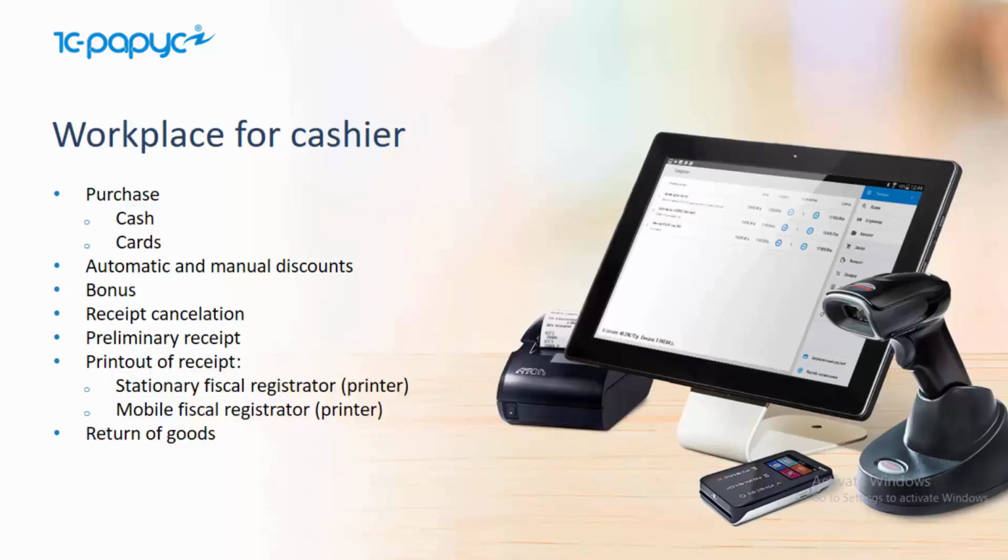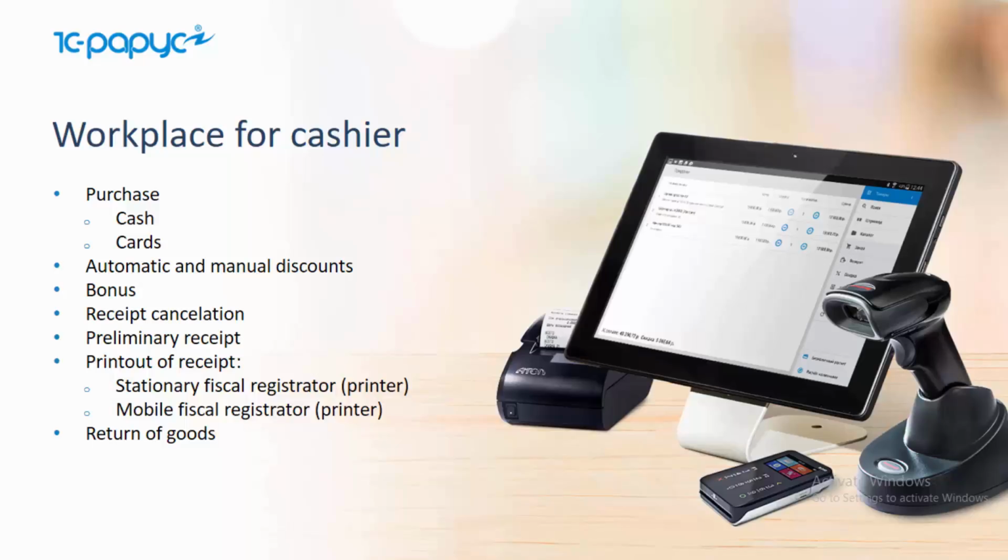It is the solution to accept cash and cards with an external point of sale terminal, and as this is rather smart software, the bonus can be automatically assigned or entered manually.